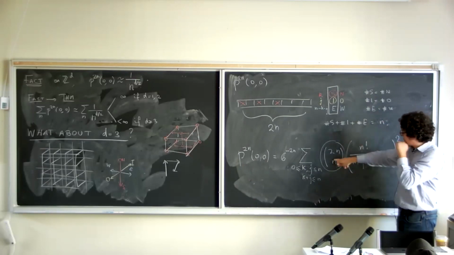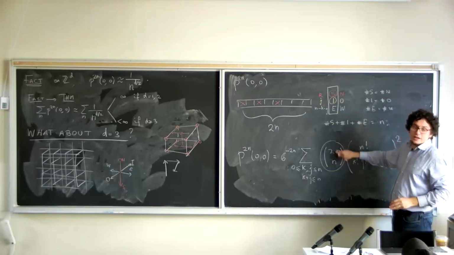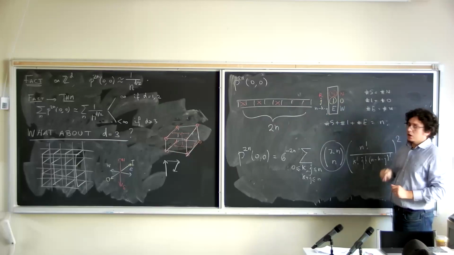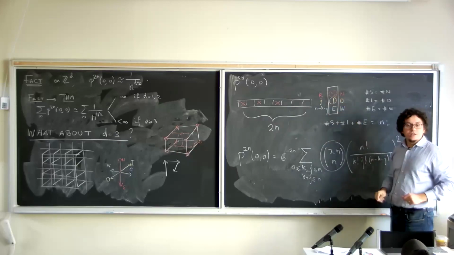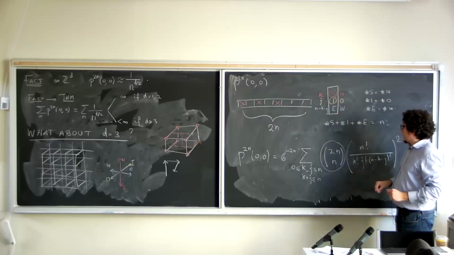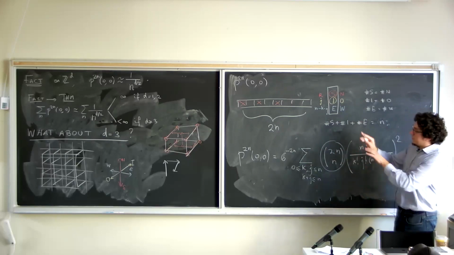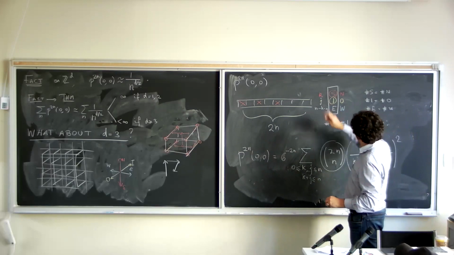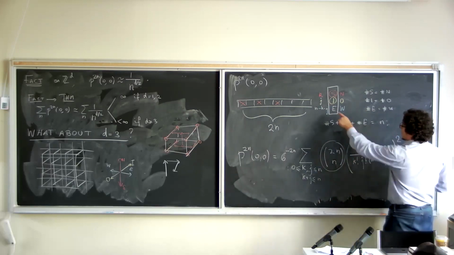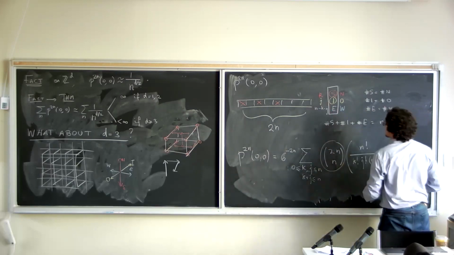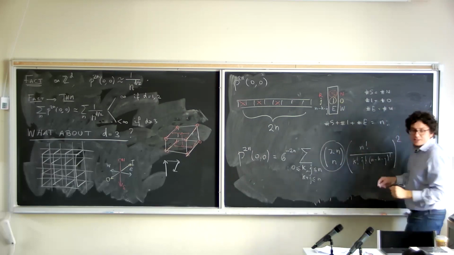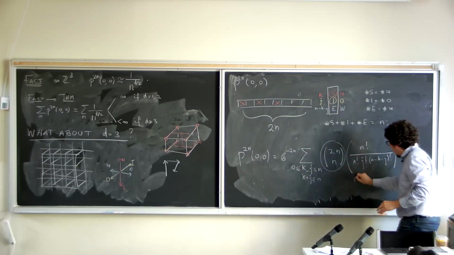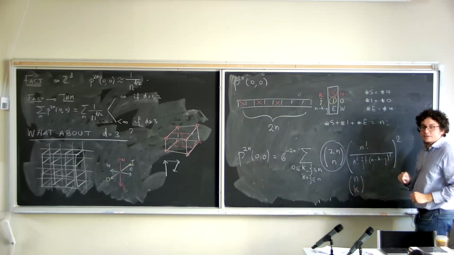So we have to choose n out of the 2n that will be labeled either as I or E. Okay, and now once you have that, out of those we have to choose k of them out of the n that will be labeled S. So this would be n choose k if you really want to write it like this.